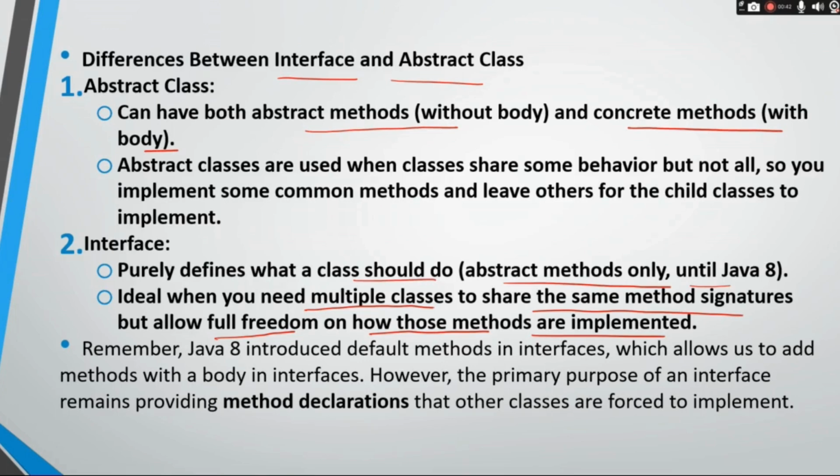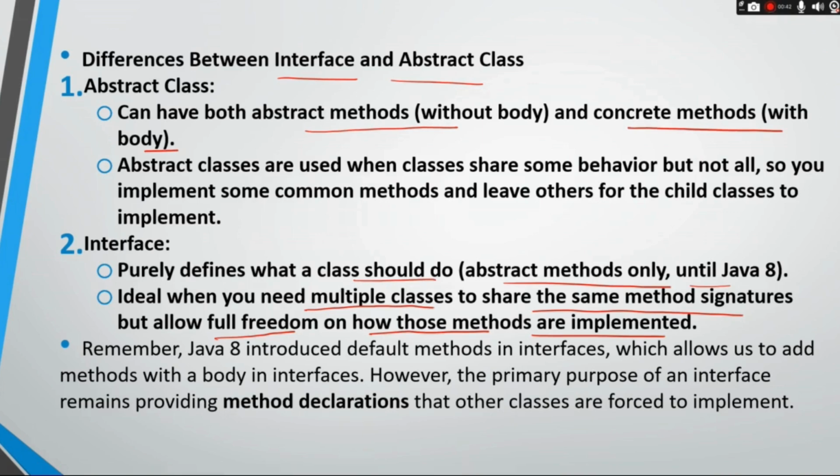If you want to use abstract classes, use them when you want to provide a base class with both shared functionality and flexible implementation. For example, in a game, you might have an animal abstract class with common methods like eat, but an abstract method like make sound, which every specific animal class can implement differently. Make sound may be an abstract method, which is different for each and every animal, but eat is common, right? Every animal eats.